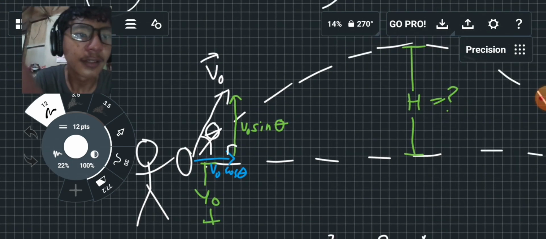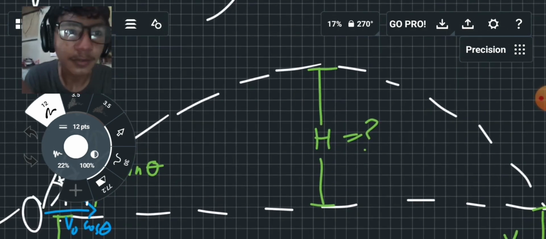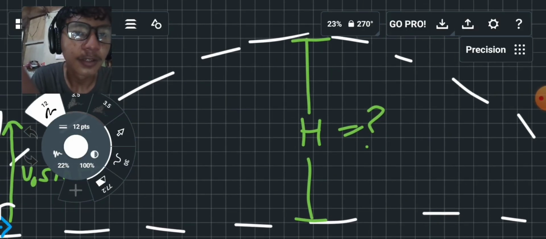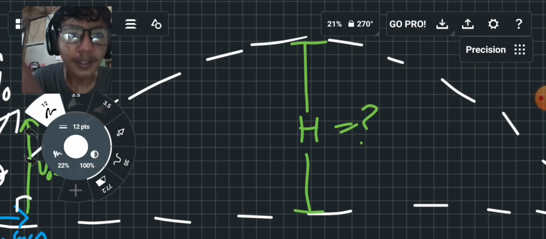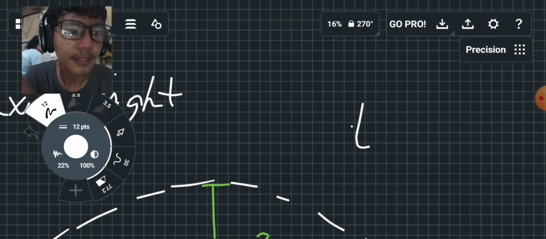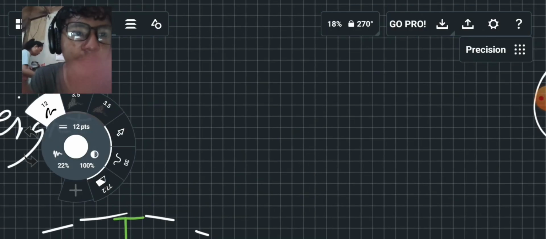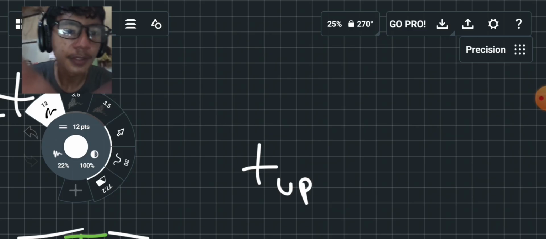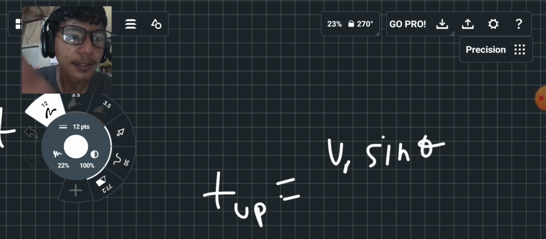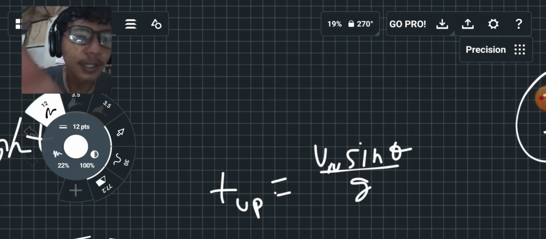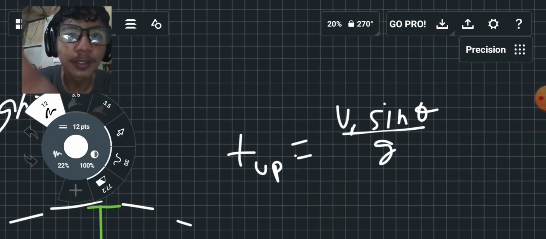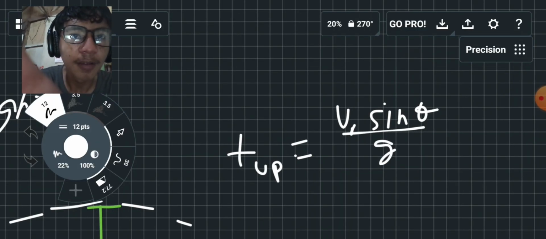And then we are trying to find this height. We could plug this t sub up, which is v naught sine theta over g, into our time-dependent equations for the y position, but that takes time.